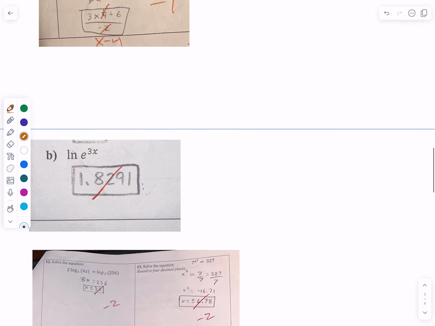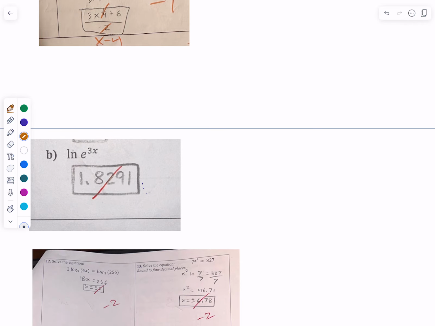Oh, this next one. Okay, so you need to know this rule. The rule here is the log of e to the anything is equal to the anything. So, right, if I take the log of e squared, that's just equal to 2, right?